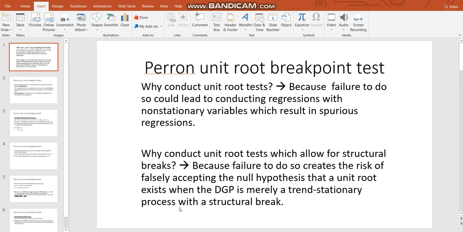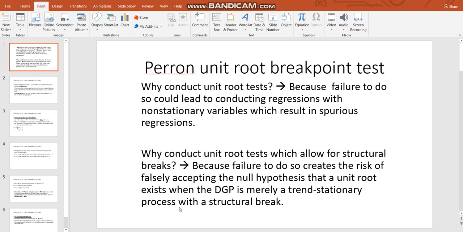to answer the question why we conduct unit root tests in the first place, it's basically because if we don't do that, then we expose ourselves to the risk of conducting regressions with non-stationary variables which result in spurious regressions.